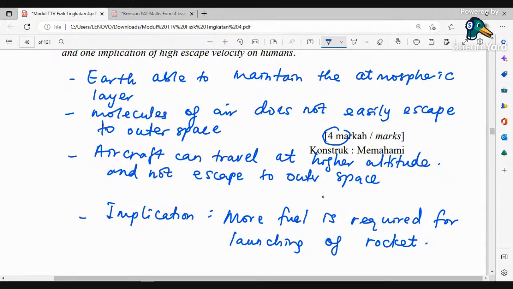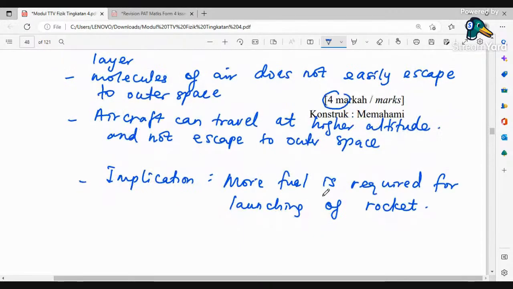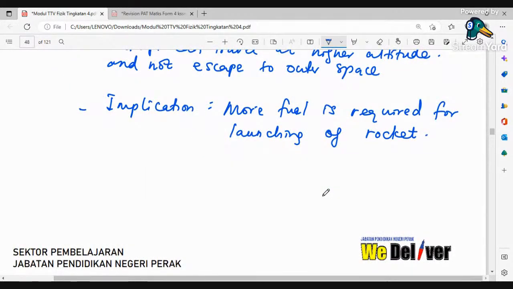To achieve the minimum velocity required or escape velocity, so the gas that released out for the launching of rocket must be at the very high speed. Okay, so it requires more fuel to launch the rocket. If not, the rocket cannot escape to outer space. So this is the implication.